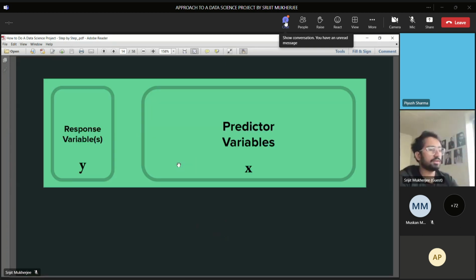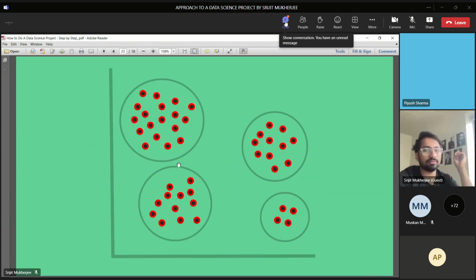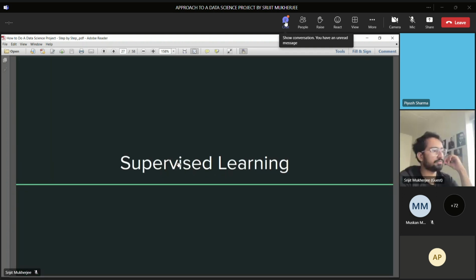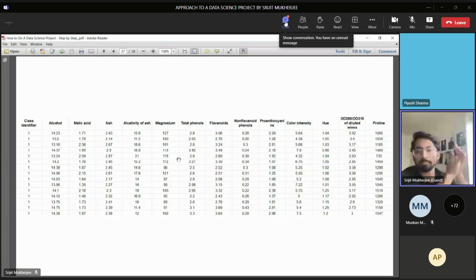Can someone tell me what this corresponding thing is here?